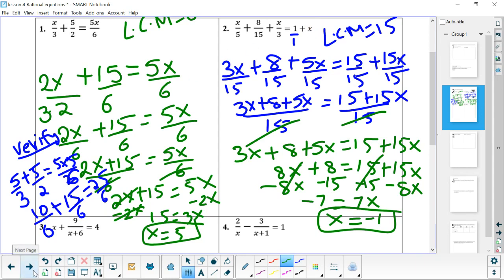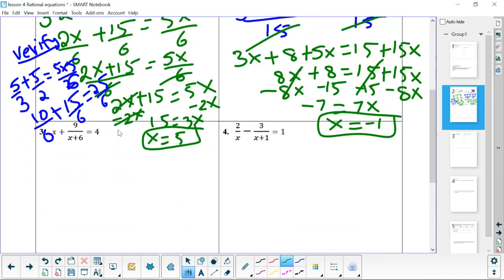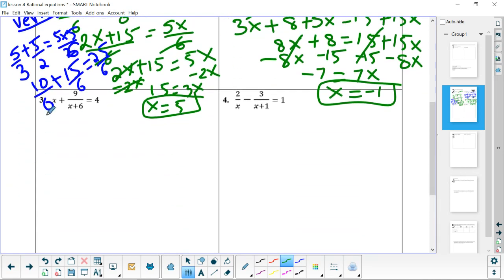So now we're going to do our question number 3. In question number 3, we have x plus 9 divided by x plus 6 equal to 4. So x can be written as x by 1, right? So now our LCM here is x plus 6.